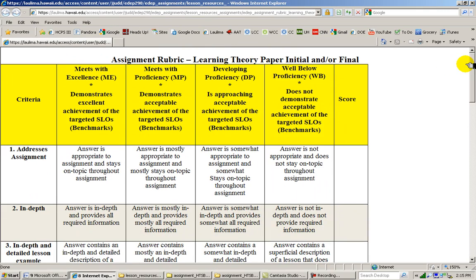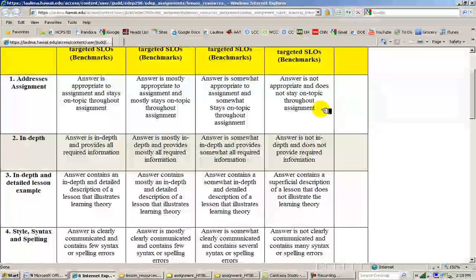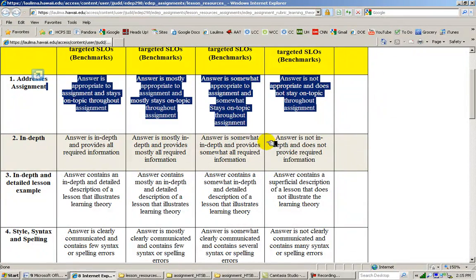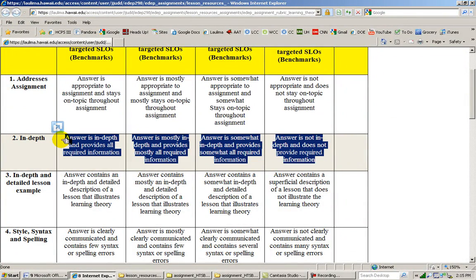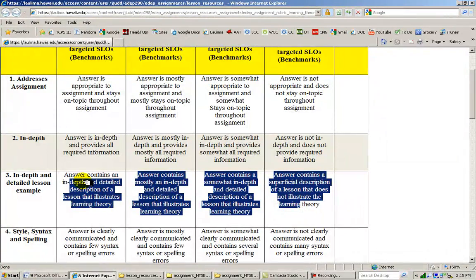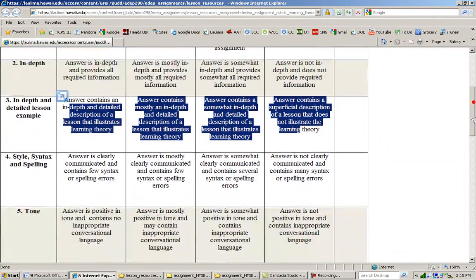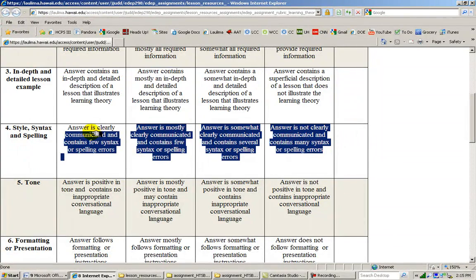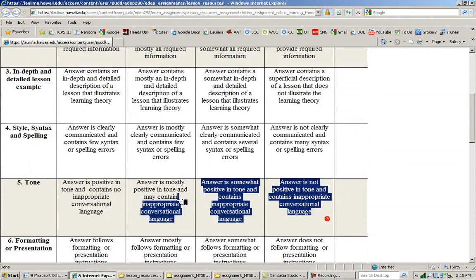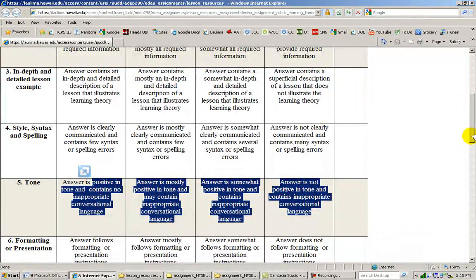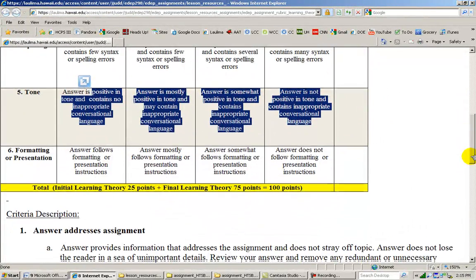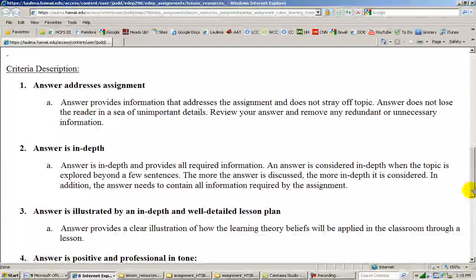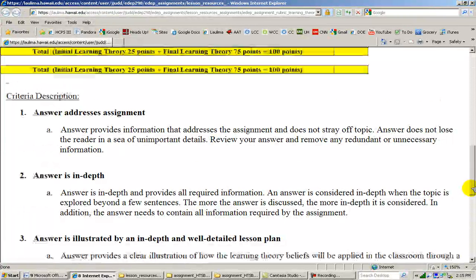Basically I'll be looking for whether or not you're on topic, whether your answers are in depth, whether you provide a specific detailed lesson example to illustrate your learning theory, whether your answer is clearly communicated, if the tone is appropriate for a professional, and how you format it.